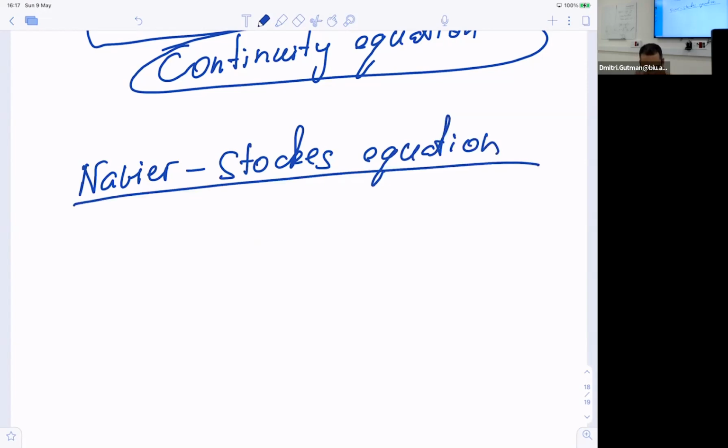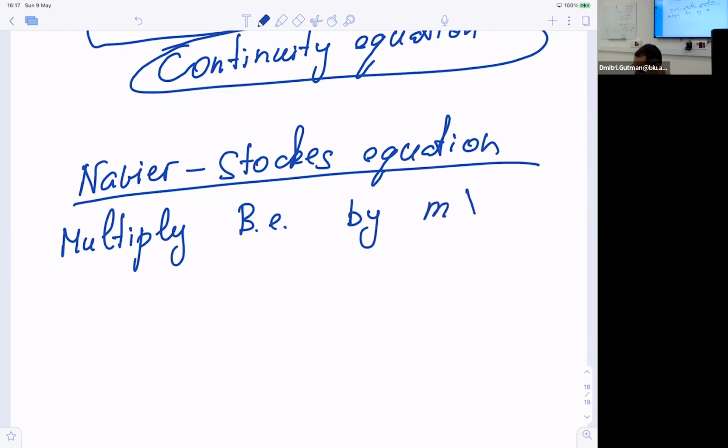Okay, so how are we gonna derive that? We start again from the same Boltzmann equation as we always do, and this time we multiply the Boltzmann equation by m times v. By the way, the Navier-Stokes equation, for those of you who don't know, is an equation for velocity, so it's a vector equation.